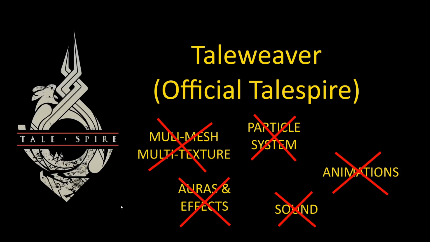So really, if you just want static assets and they exist or you can make them, Tailweaver is the best way to go because, as I said, it's the least likely to have problems when BR does any kind of game updates.